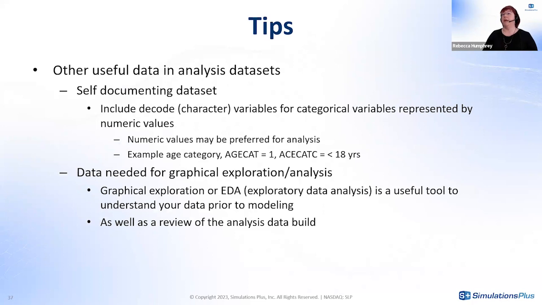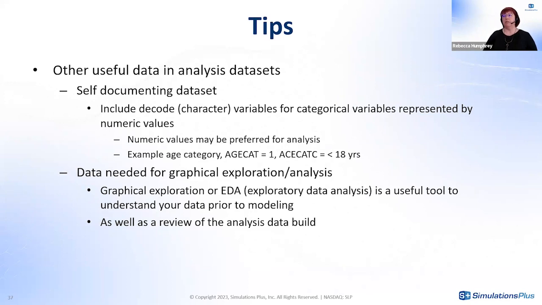It may also be useful to have some self-documenting variables within the data set so that it's very clear to an end user what numerical values represent. In this example, there's an age and an age category.